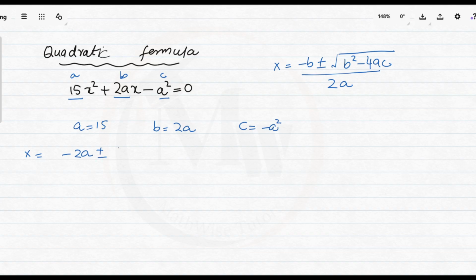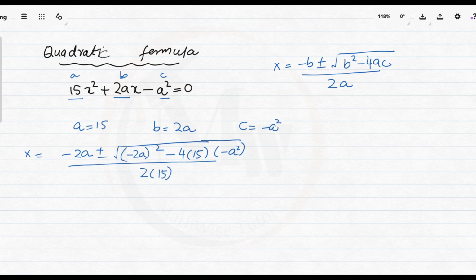It becomes minus 2a plus or minus the square root of 2a squared minus 4 times 15 times minus a squared, divided by 2 times 15. So we will simplify this. It becomes minus 2a plus or minus the square root of 4a squared plus 60a squared, over 30.